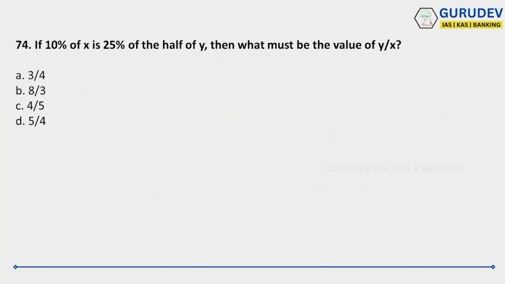74th question. Again, look at the 74th question. What is it saying? If 10% of x, where the meaning of 'of' is the multiplication sign, is equal to 25% of half of y, then what must be the value of y by x? This is simple.